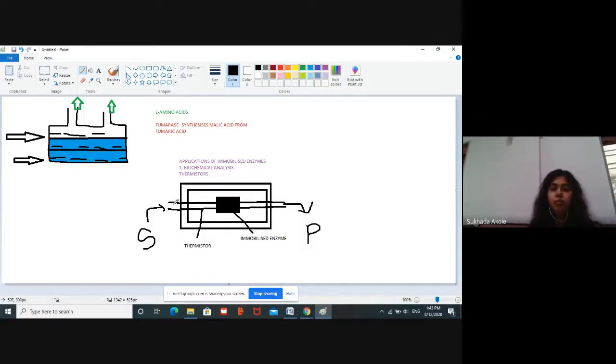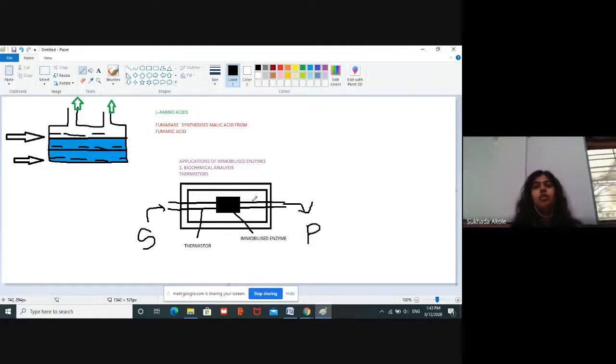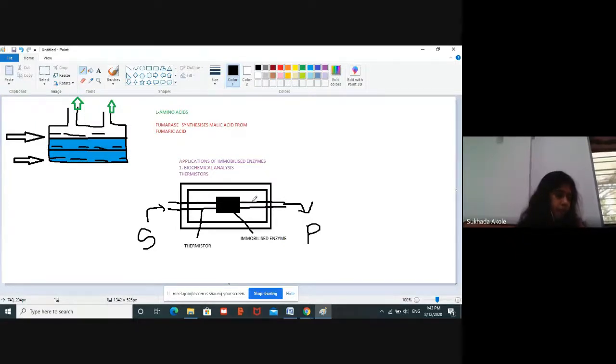I put my blood here, it travels through this thermistor onto the immobilized enzyme, such that now my product will get formed, and this change in temperature in the thermistor will be recorded by a computer, which will show us the readings in the digital format. Okay, clear?